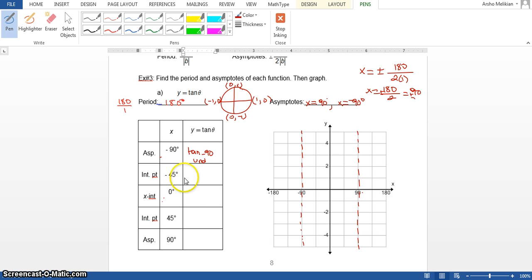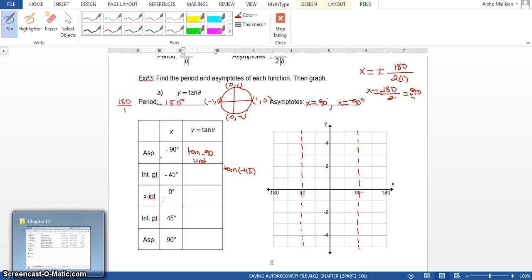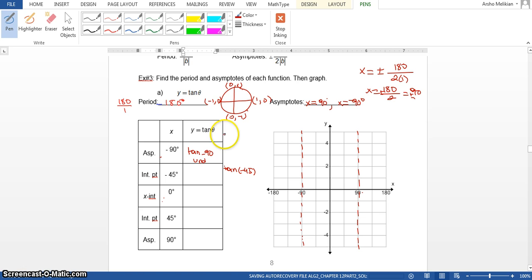Okay? So what about tangent of negative 45 degrees? Tangent at negative 45 degrees, how much is that? What's tangent of 45 always? 1. Tangent of 45 is always 1. Now here, though, is tangent positive or negative? Negative. In this quadrant, tangent is negative.